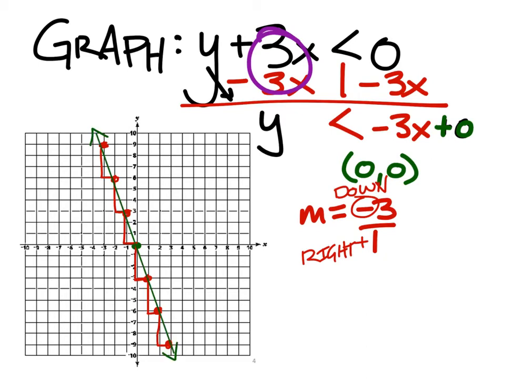So this is my line, and we just have to be careful because this is an inequality. So we're not even close, I would say, we're at least halfway finished. We need to look at the inequality. Since it's a less than symbol there, what I'm going to do is go into the graph and make it a dotted or dashed line.